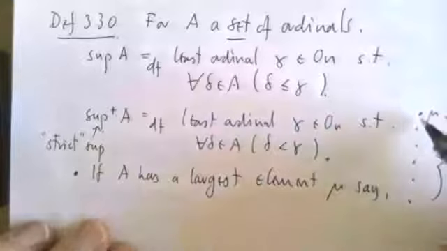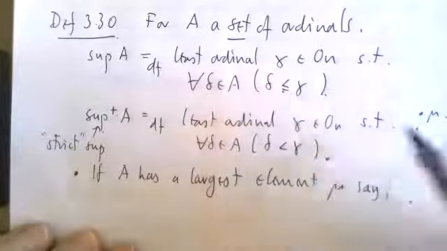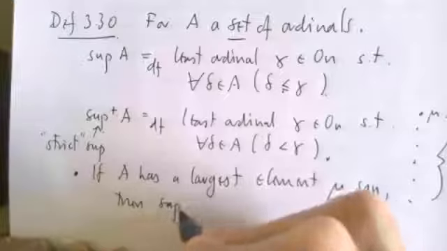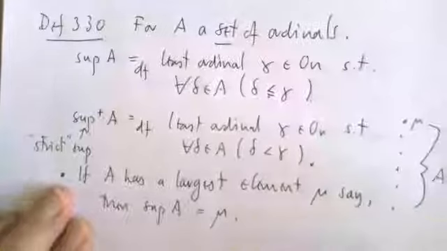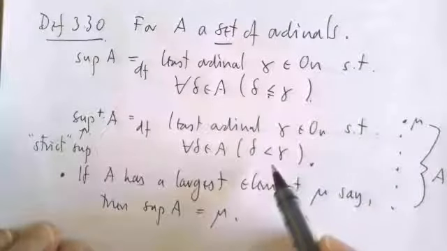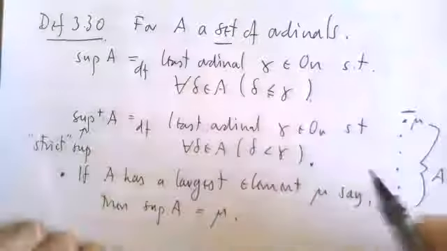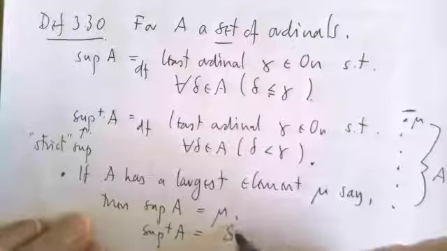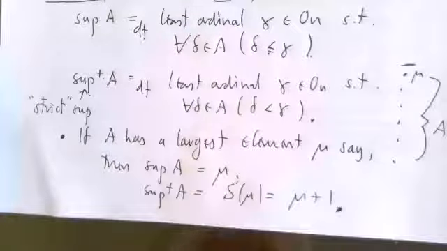Obviously, the supremum is this greatest element, mu. It's the least thing that's greater than or equal to everything here. Sup A equals mu. On the other hand, if you're asking for the strict sup, you want the least thing greater than everything in A. Well, that would be mu plus 1, the successor of mu.